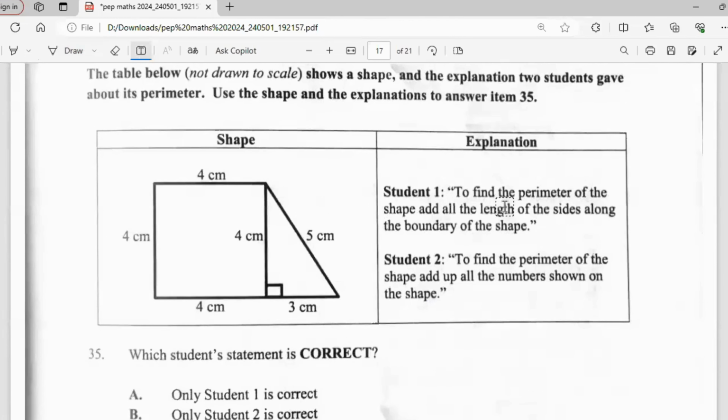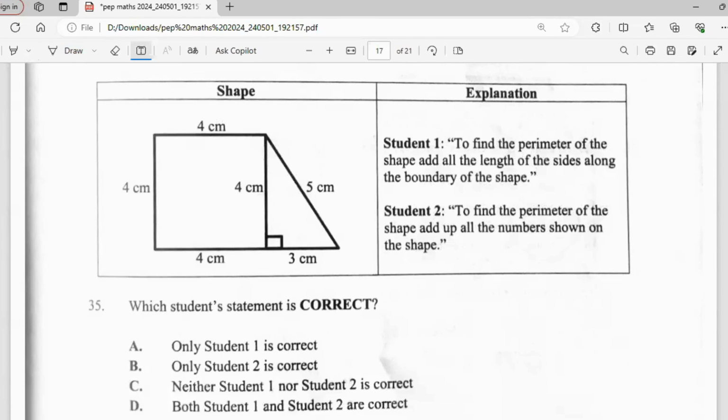Student A says to find the perimeter of the shape, add all the lengths of the sides along the boundaries of the shape. And student B says to find the perimeter of the shape, add up all the numbers shown in the shape. Student A is correct because for the perimeter of the entire shape, we're just going around the boundaries of the shape. So we'll just add up the numbers around the boundaries and get the correct answer.